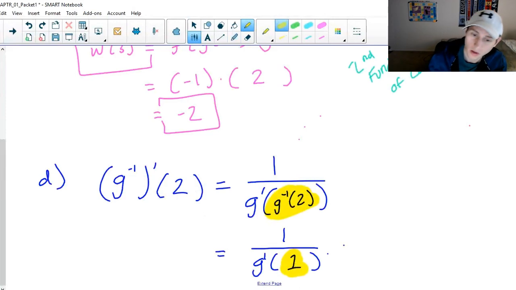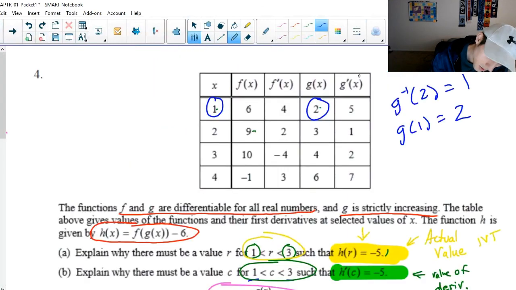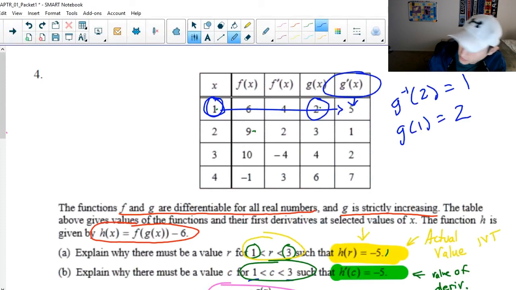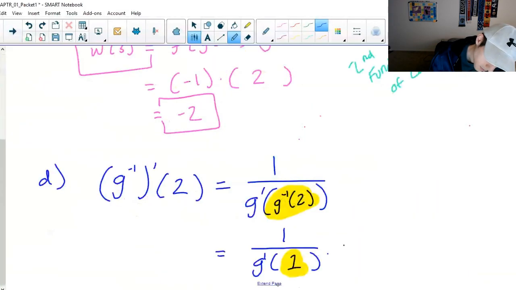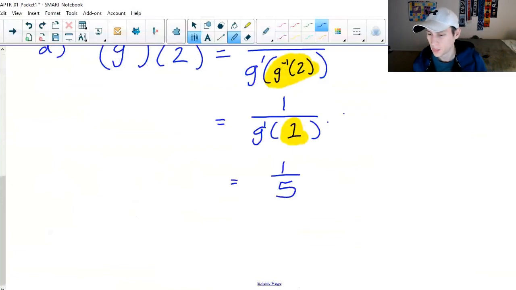Those are the same. And now g prime of 1. Well, let's go back to my table. This is just asking for normal g prime. So g prime of 1 is 5. So this equals 1 over 5.